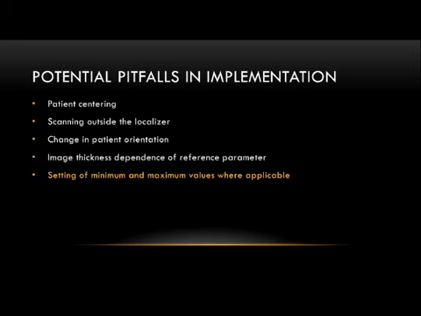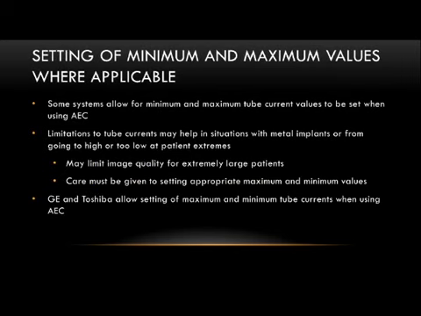Some systems also allow you to set a minimum and maximum value for the tube current, the max and min to what the tube current can modulate to during the acquisition. And those limitations can be helpful in some situations. Say, for instance, if you're scanning a patient with a metal prosthesis or who's got some metal in their spine, and you know that as you scan through it, because there's something above or below that you need to see, the attenuation is really high there and it's just going to really ramp up the tube current, but you're not going to see anything good anyways.